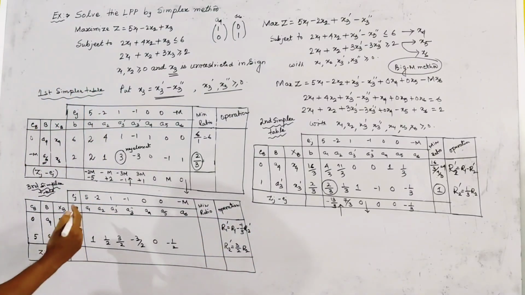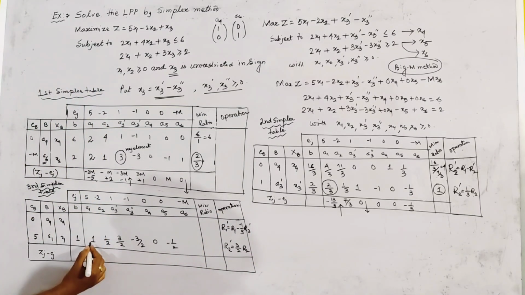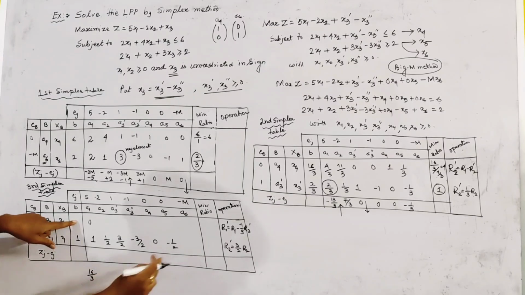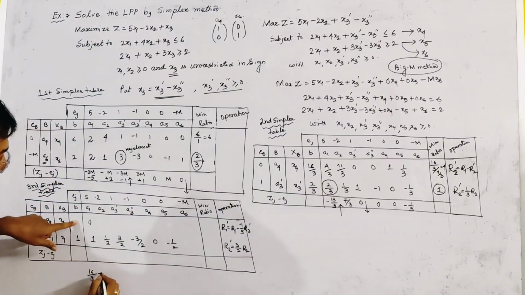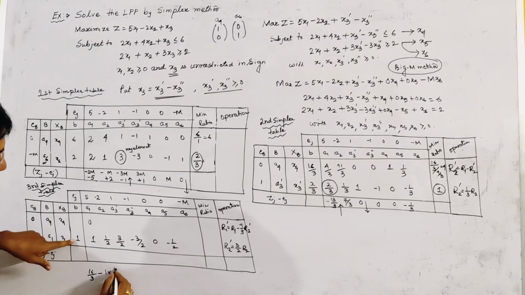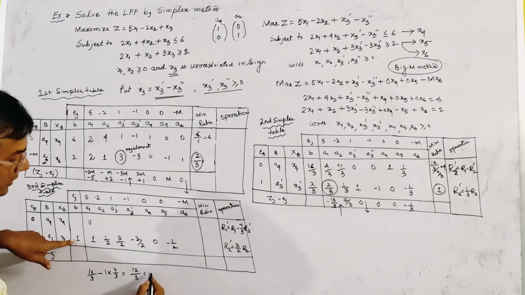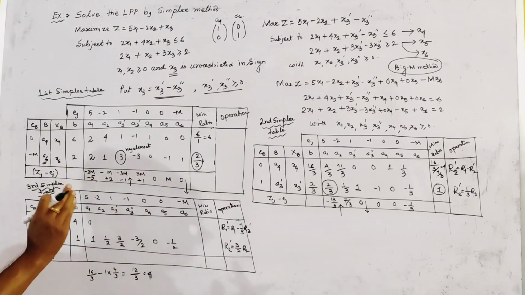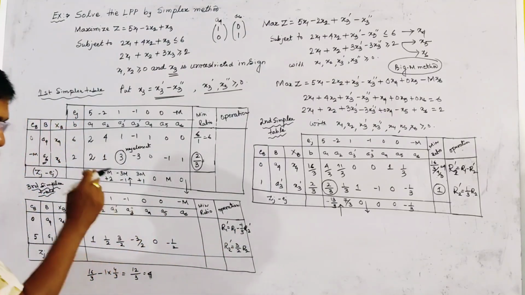Okay, and this is given by 4 by 3 minus 1 into 4 by 3 into R2, this is 0, and this element is 16 by 3. 16 by 3 minus 1 into 4 by 3. So obviously this is 12 by 3, that is 4. Okay, this is 4, and by the same argument we fill the other elements by the same operation.